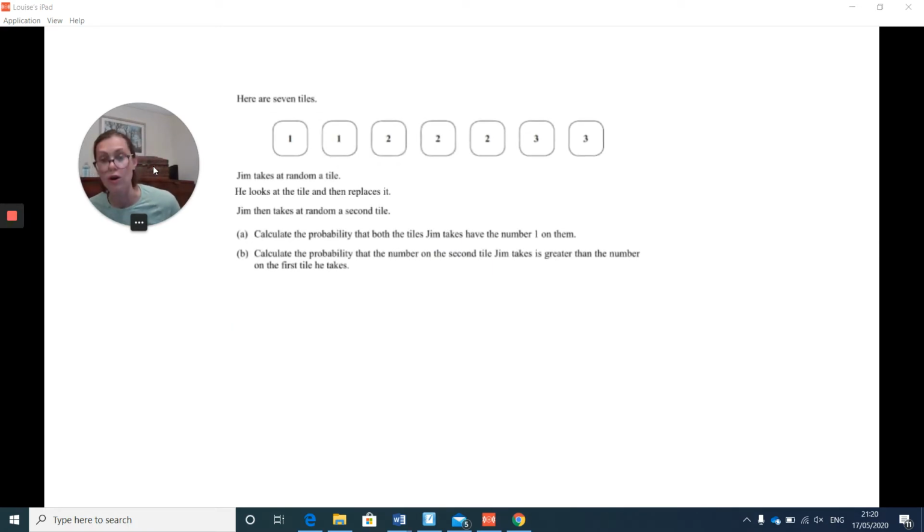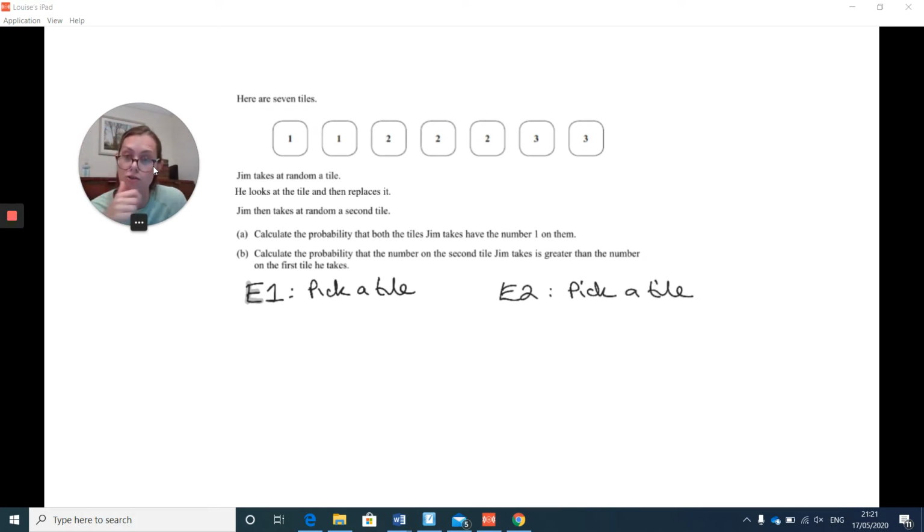My 2 events are: event 1, you pick a tile, and event 2, you also pick a tile. They're the same events, but you're doing it twice, so you're picking 2 tiles.